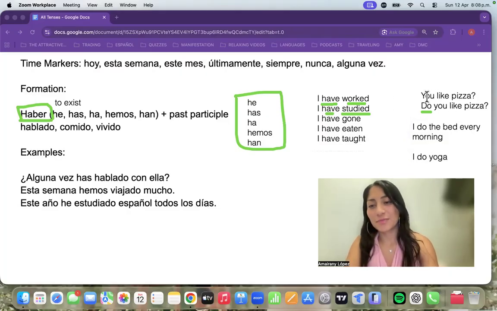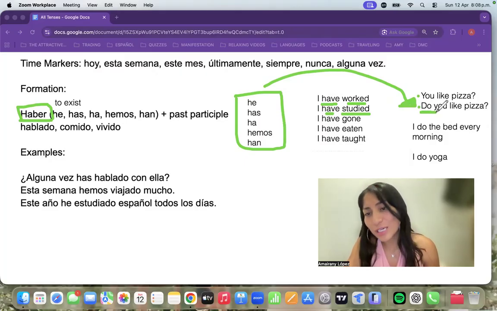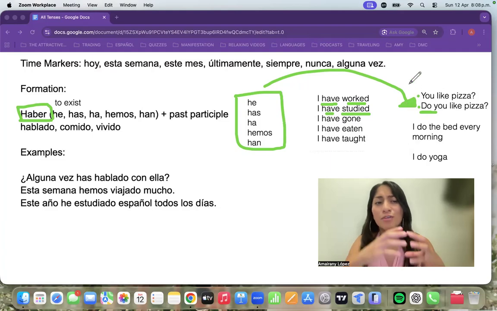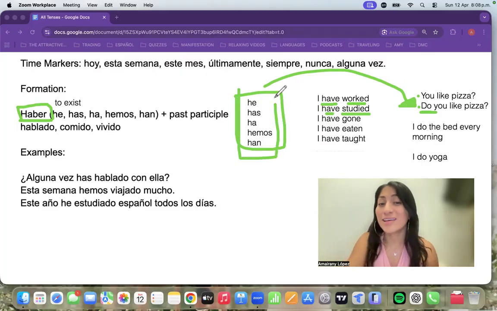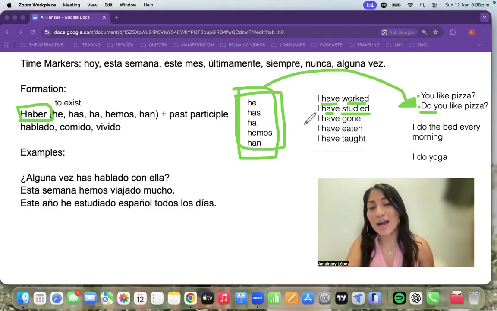But this do is known as an auxiliary verb, meaning that this only helps the sentence be a question, because we can totally say you like pizza, but we know that the proper thing to ask is, do you like pizza? So the do here doesn't really have a meaning on its own. It's just an auxiliary verb. It creates more harmony in the question, right? So that's why these guys right here on their own, they don't really mean anything. They need to have a verb for them to actually be something.